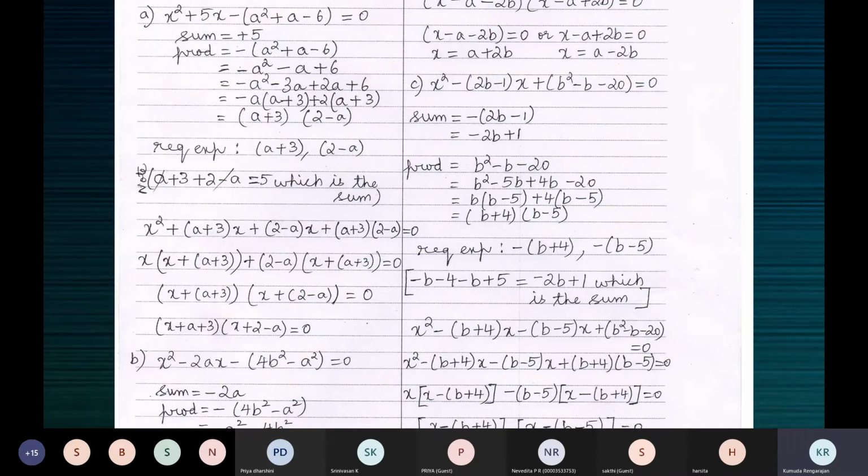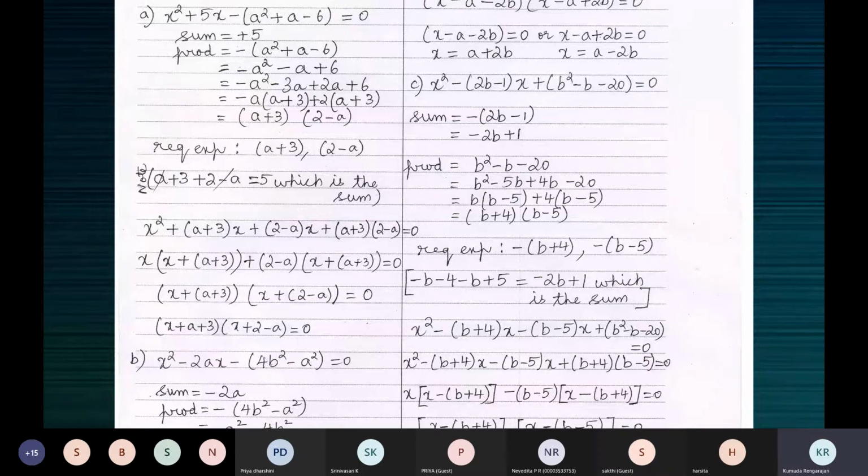So to simplify that, to make that work easy, we factorize it and we get a plus 3 and 2 minus a. Now it becomes easy for you to find the two expressions that will give you the sum as plus 5. Okay.